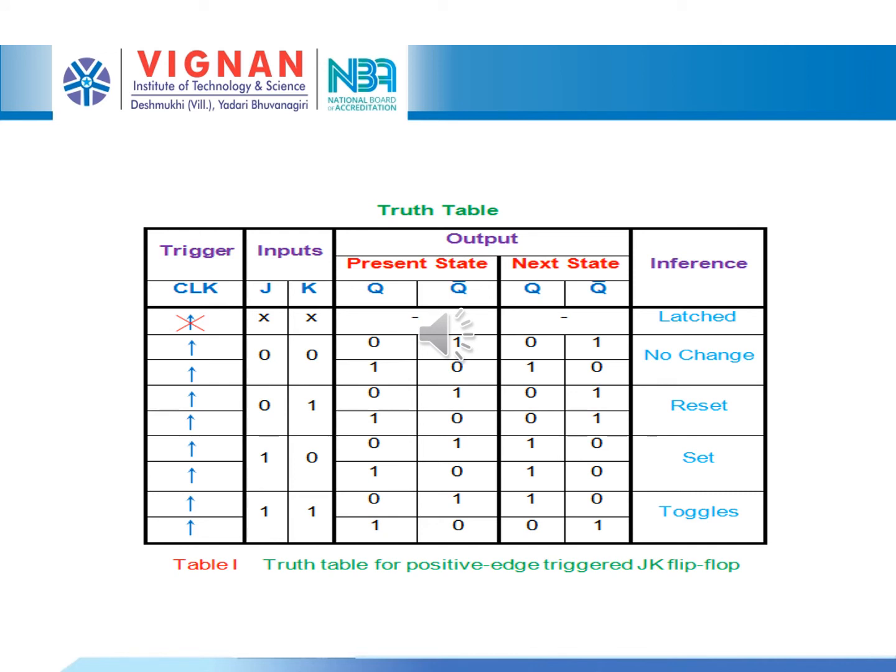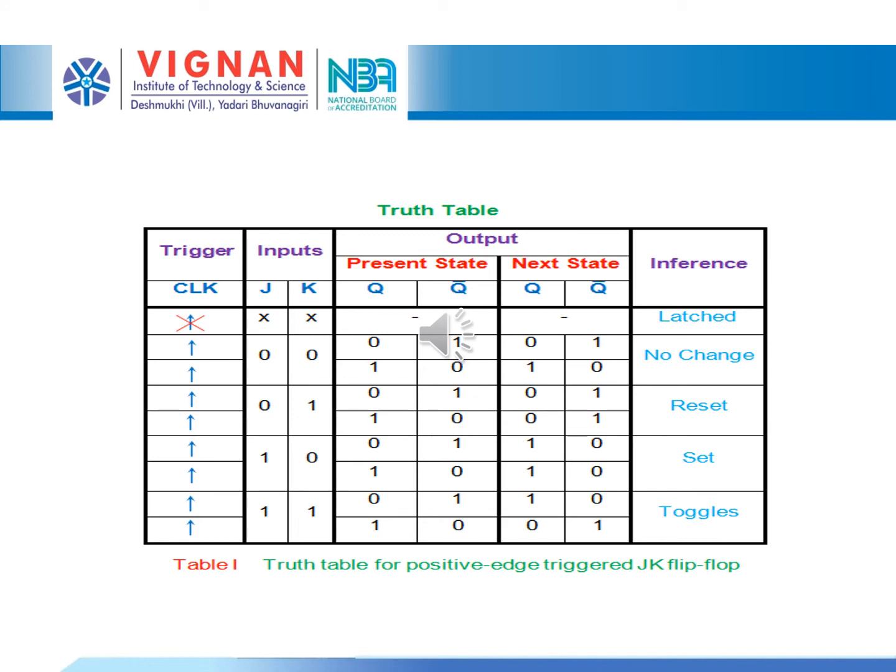And after the proper application of the clock and the inputs, for J equal to 0 and K equal to 0, it is called the no change state. That is, if in the present state we have a 0, we get a 0 in the next state. If we have a 1 in the present state, we get a 1 in the next state. And the complementary outputs are complements.